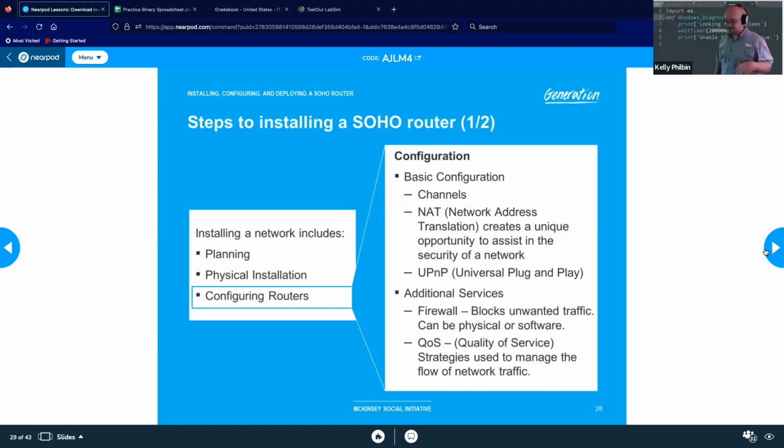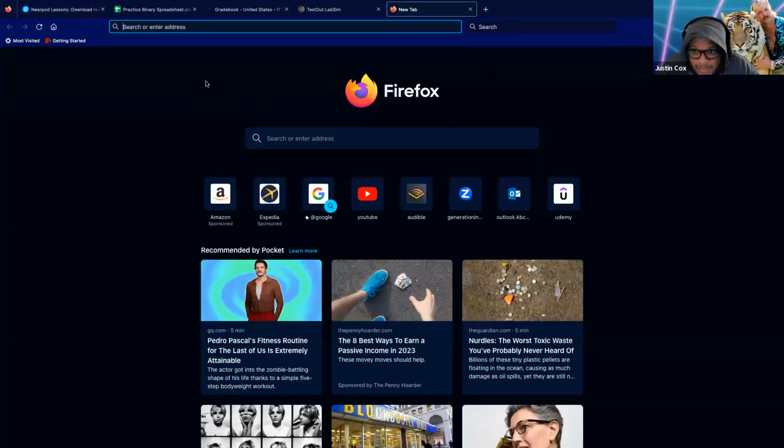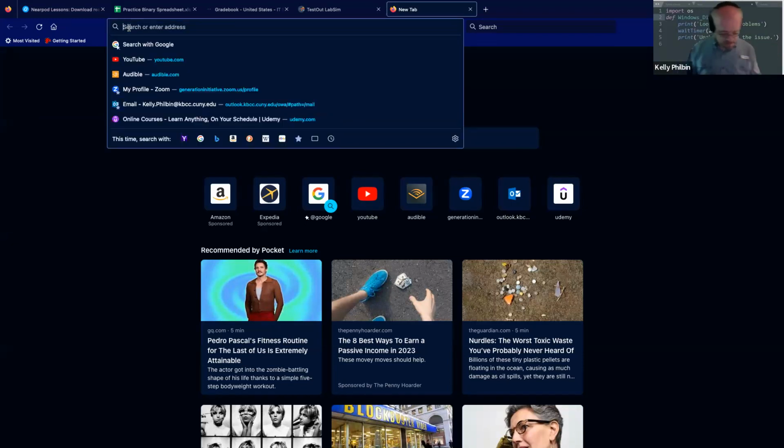So if I wanted to connect with my router, what would I need to do? I have its IP address now. So what can I do with that? I can just open up a web browser and type in my router's address, which is 10.0.0.1.